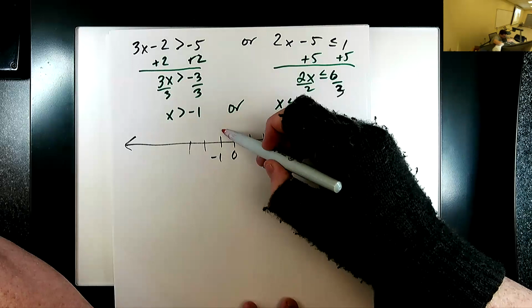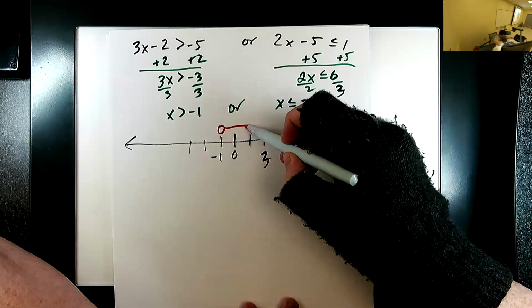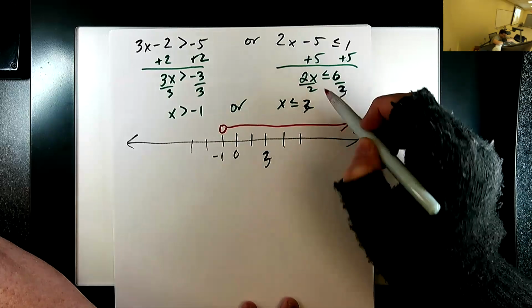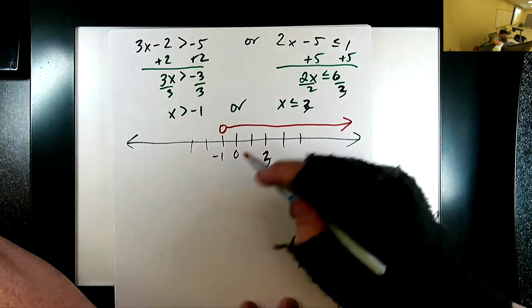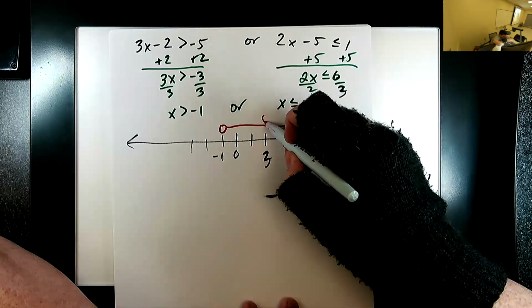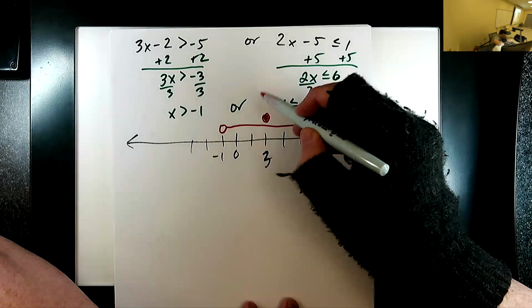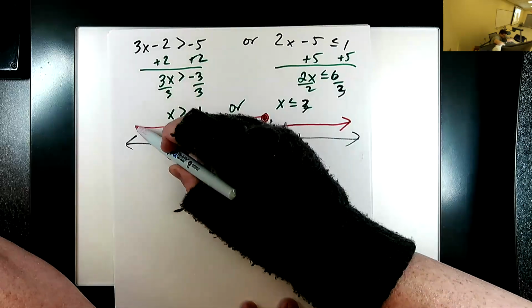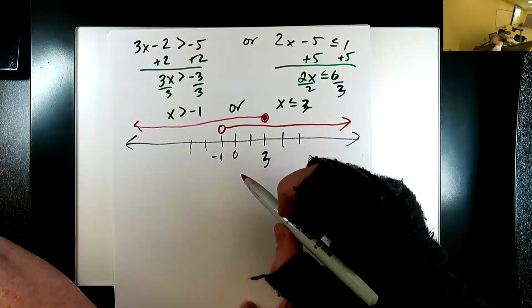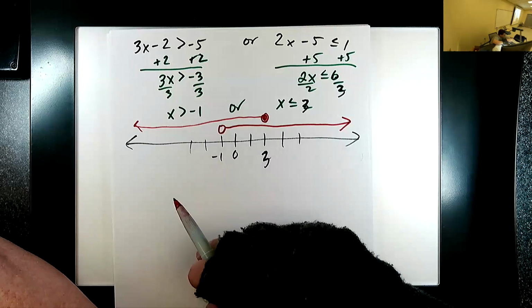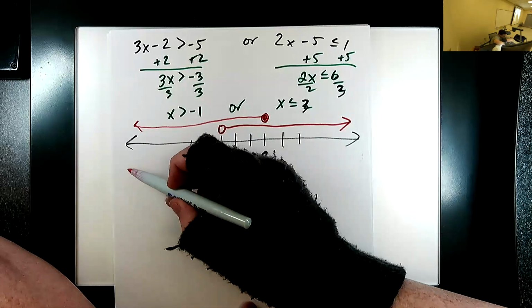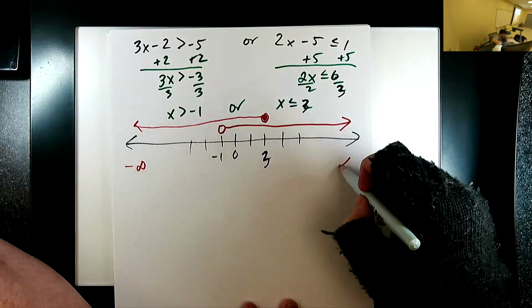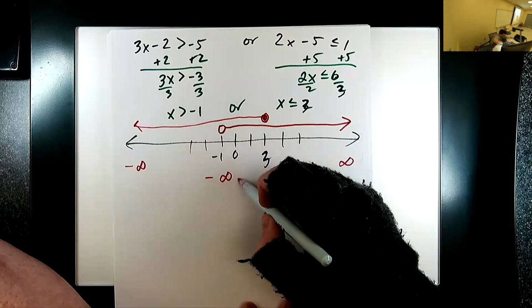So x is greater than -1 is a circle on -1 and goes to the right. X is less than or equal to 3 puts a circle on 3, fills it in, and has an arrow going to the left. We want anywhere with an arrow, so this starts at -infinity and ends at infinity.